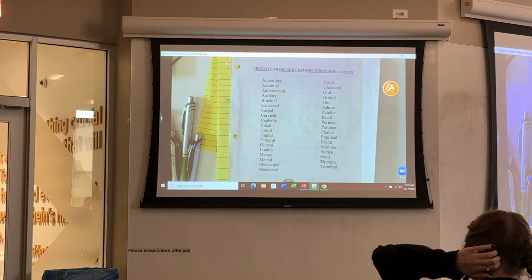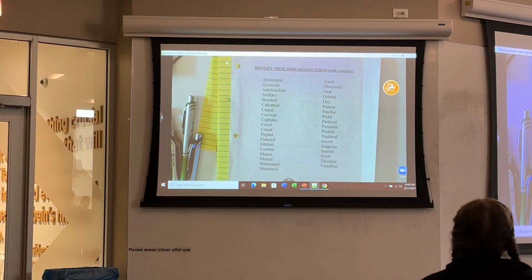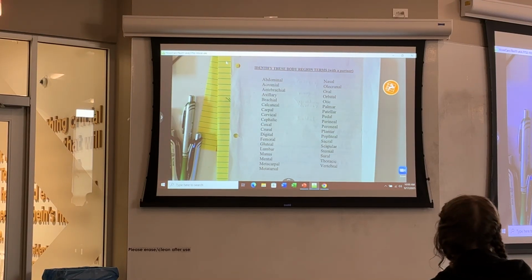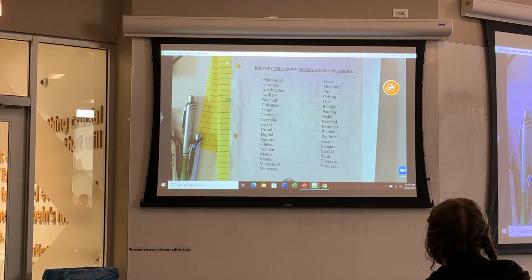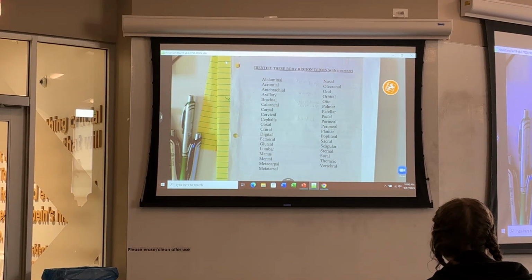Okay, talk to a neighbor, find these on your person. A quick review. There's vertebrae. The cervical is not cervix. It's different. The shape of the face.